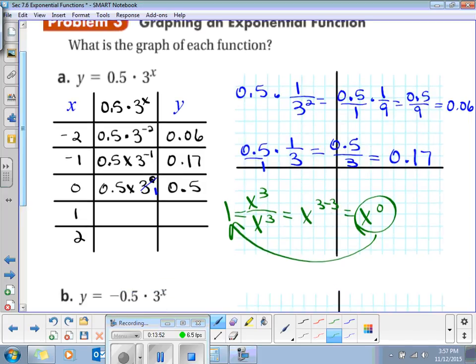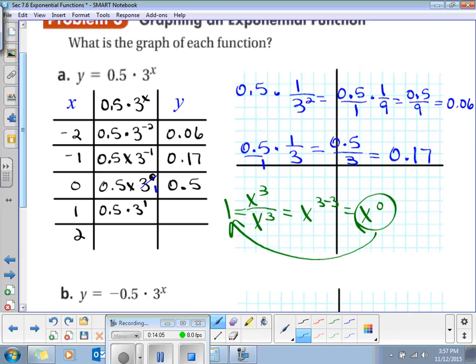So now we're going to put in the +1 and +2. You should have no problem with that, right? 0.5 times 3 to the first. So 1/2 times 3, 1.5. Now we have 0.5 times 3 squared. 1/2 times 9, 4.5. Got it?